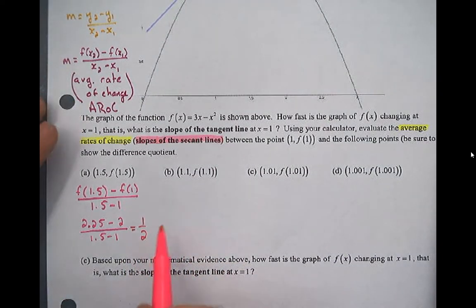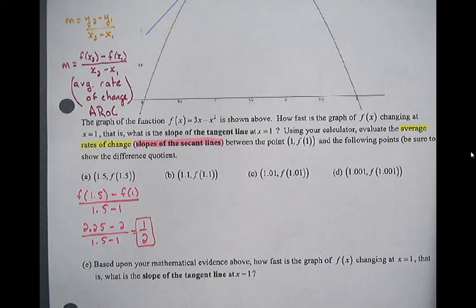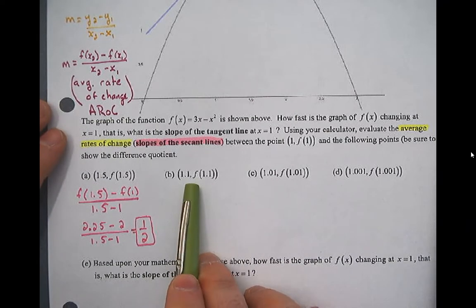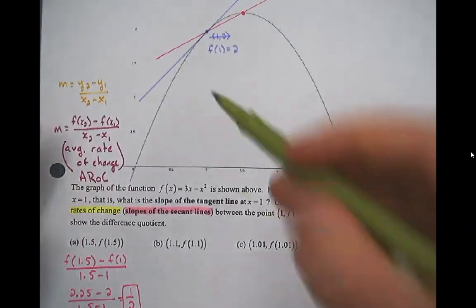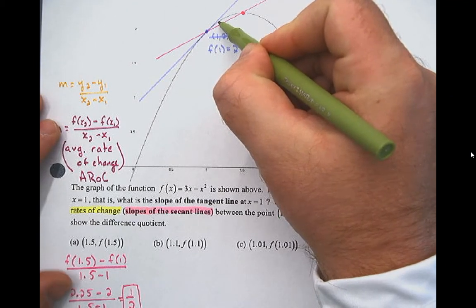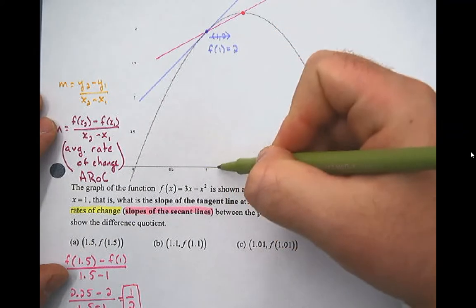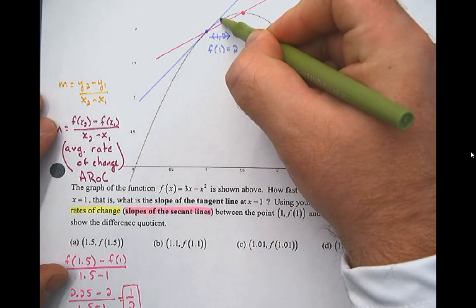Okay, now we're going to figure out what is the slope between 1 and 1.1. All right, so here's 1. 1.1 maybe is something like this. Oh boy, I'm going to run out of room here pretty quick. That's 1.5, so it should be about 1/5 of the way.